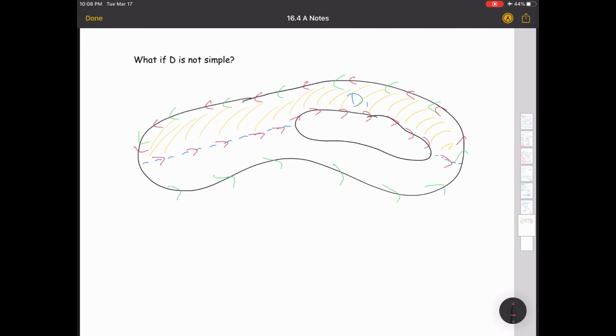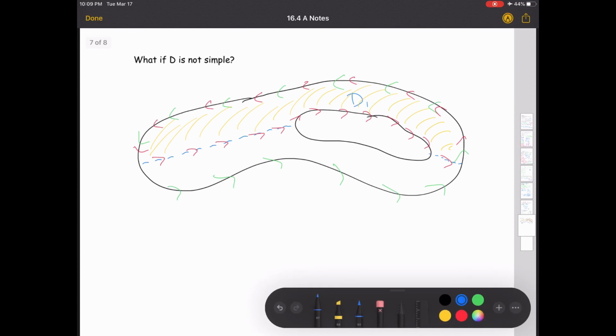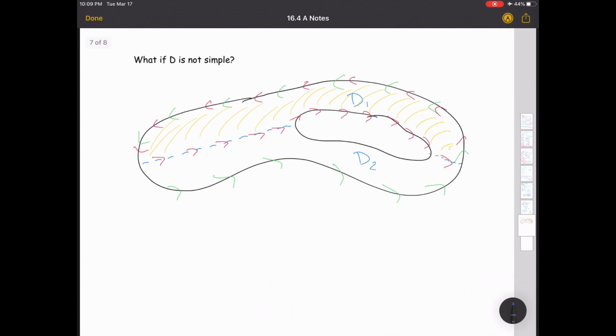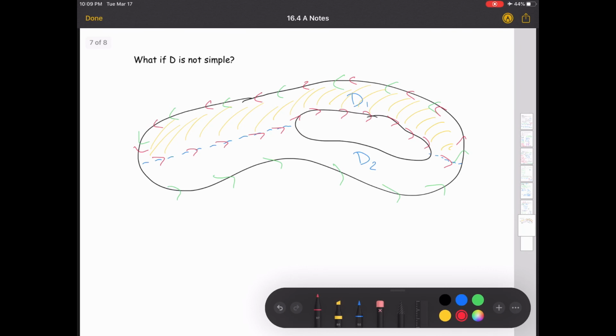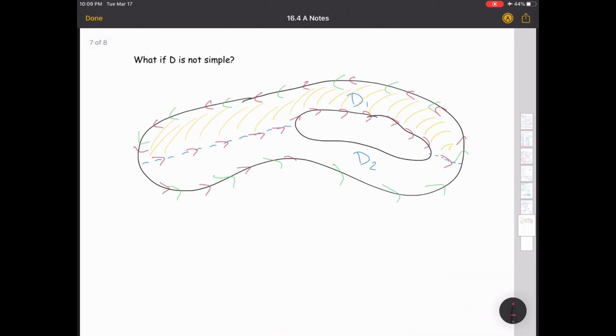But I could do exactly what I just did as long as I could put that dotted line in there. Well, we can do exactly the same thing down here for D2. I can take the Green's theorem, because it is counterclockwise, and go this direction.